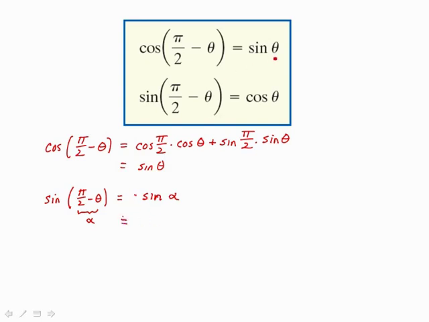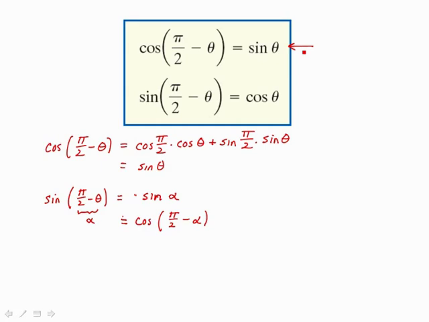Now, we just showed that the sine of some angle is equal to the cosine of pi over 2 minus that angle. Agree? So this equals the cosine of pi over 2 minus alpha by this theorem right here, or that identity right there.